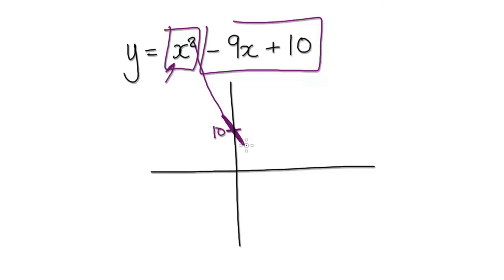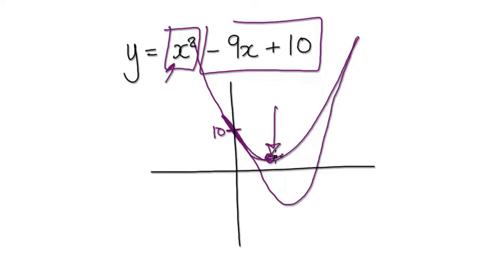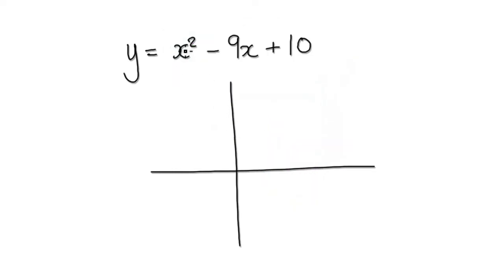By the way, it could be above the x-axis, or it could go below. At this stage we can only guess. In the future you'll be able to find this turning point here. Okay, but if you were to sketch this, it could go like this, or it could go like this. So at the moment we can only guess. So let's just guess it to be like this.